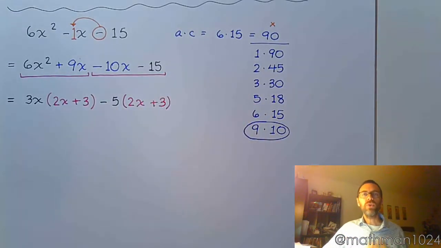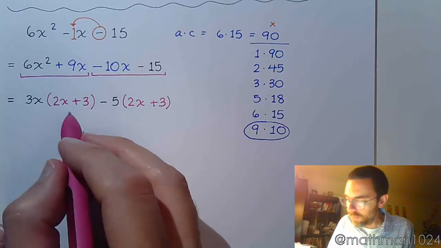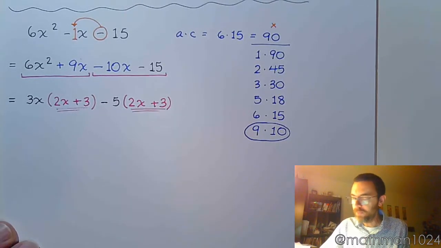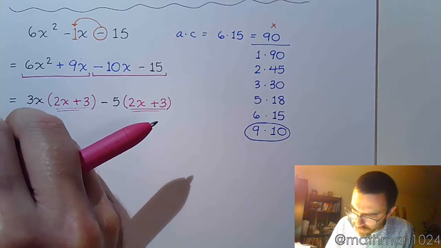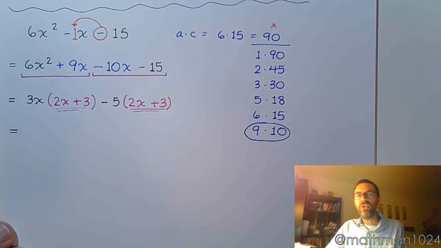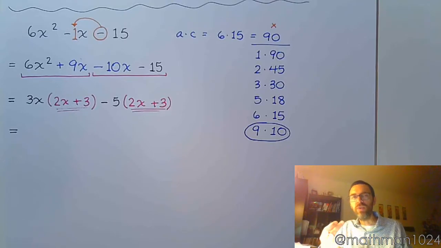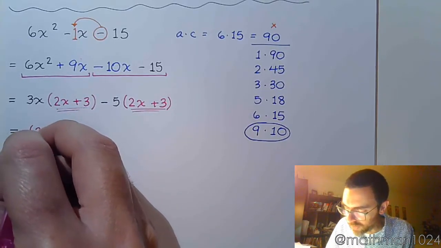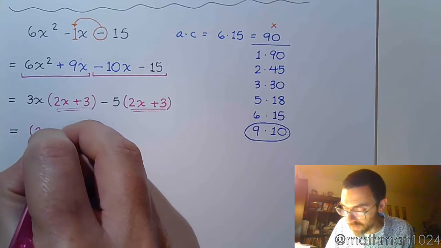And again, you know that you're on the right track with the factoring by grouping when these guys are the same, right? If they're not the same, you need to go back and check either your signs, make sure you check your numbers to see that everything works out right. It's very easy to be off by a sign, but you somehow think that it's going to be okay if these are not the same.